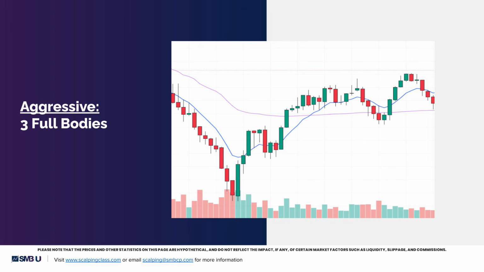If it's a 1 minute or a 2 minute or a 5 minute or a 15 minute, whatever time frame you're trading on, even an hourly, when you see 3 full bodied candles, not a lot of wicks on there, of the same color, same direction, that can be classified as aggressive supply if the candles are red and they're going to the downside, or demand if the candles are green and going to the upside. Once we have that, we've identified aggressive supply and aggressive demand.